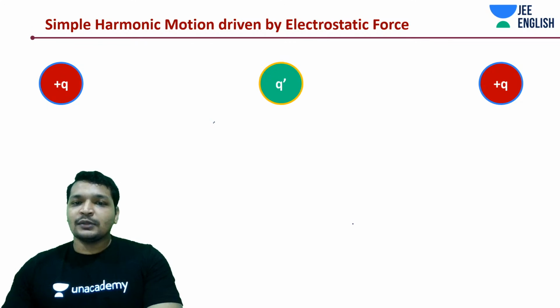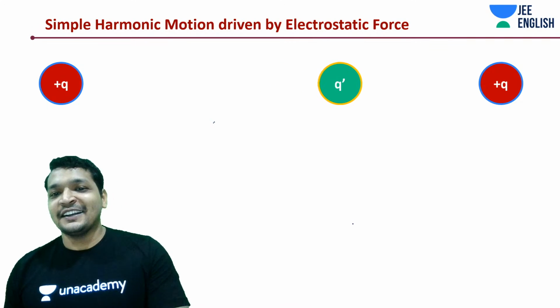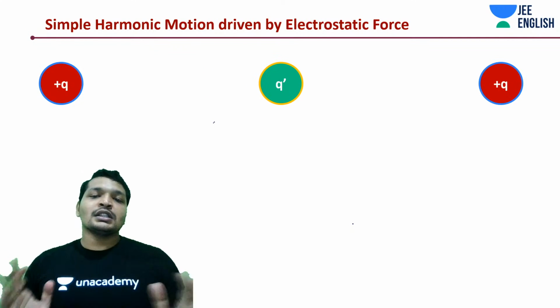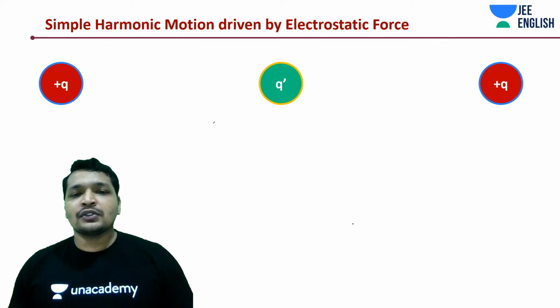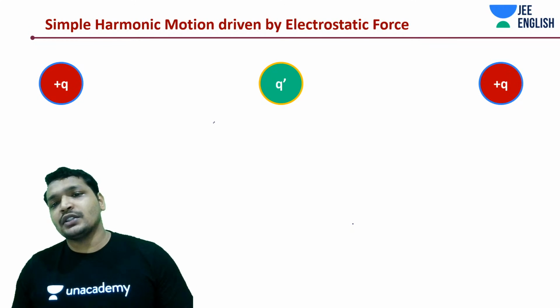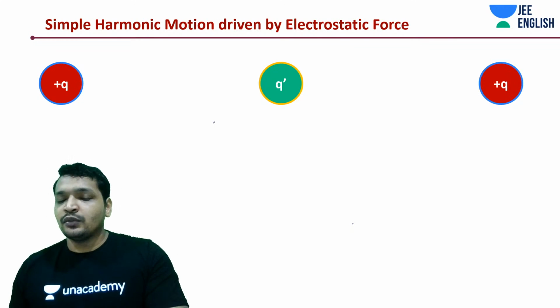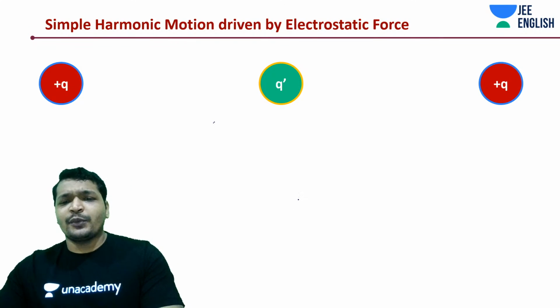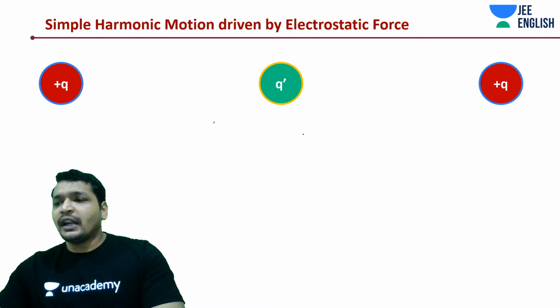But this is not the most important thing, the kind of motion it is going to have. How do you work around these kinds of problems? This is also one of the most asked topics. Typically even torque-based questions will come up in the future. We'll do more around them as well. So now we are also getting a quick concept revision for many of them in electrostatics.